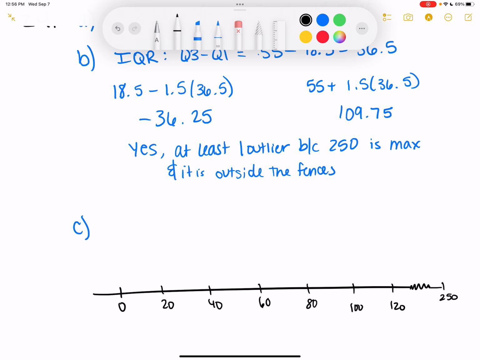Then we just want to draw it in. Our minimum is at 6. Q1 is at 18.5. Median is at 33.5. Q3 is at 55.